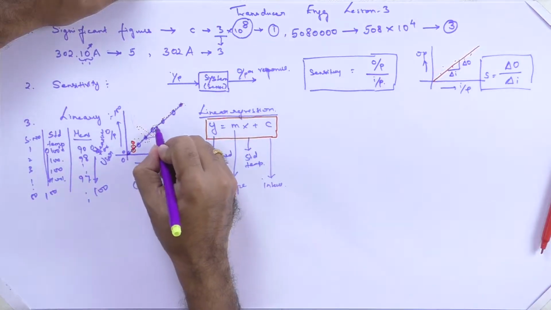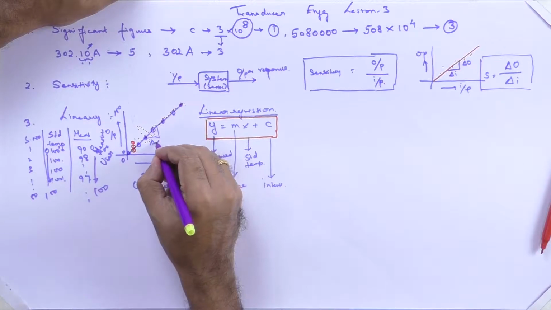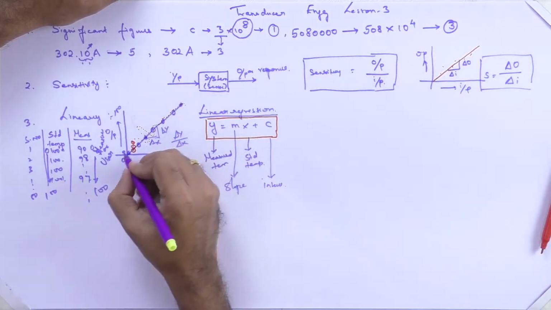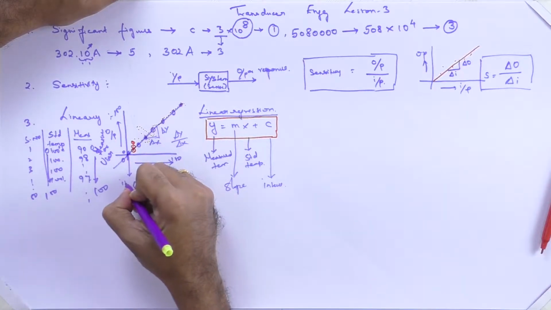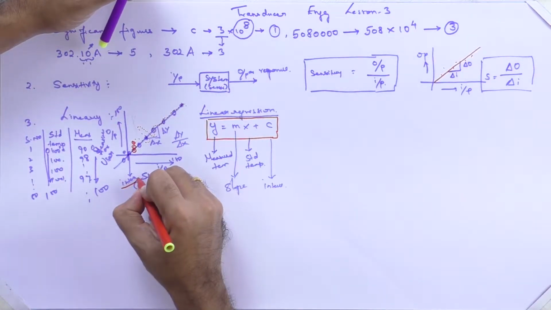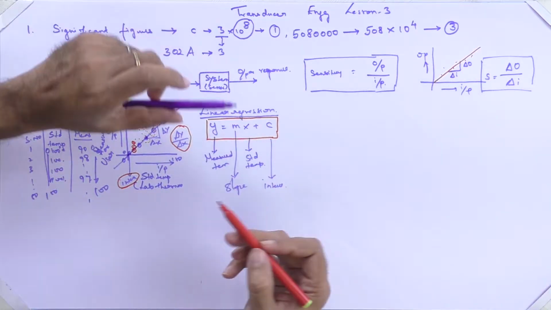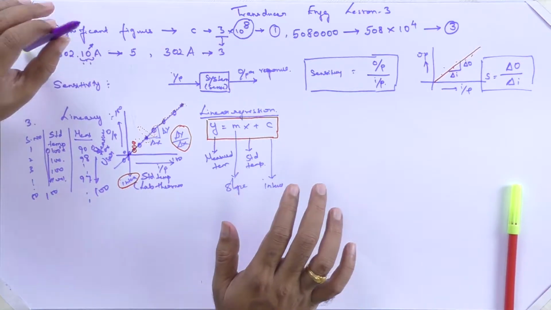Slope is delta y by delta x. So these are the main things that you see here.